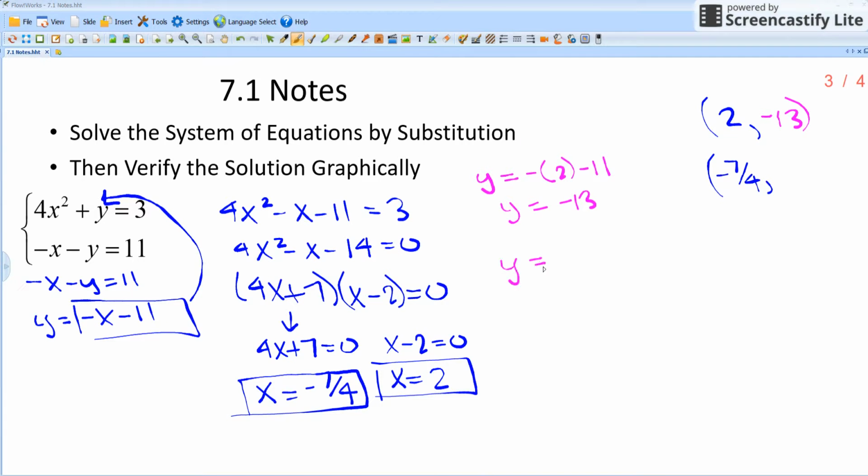And y equals negative the negative 7/4 minus 11, which gives us y equals positive 7/4 minus, if I convert 11 to a number over 4, it becomes 44/4. This is a 4, by the way. And if I subtract 7/4 minus 44/4, I get negative 37/4.